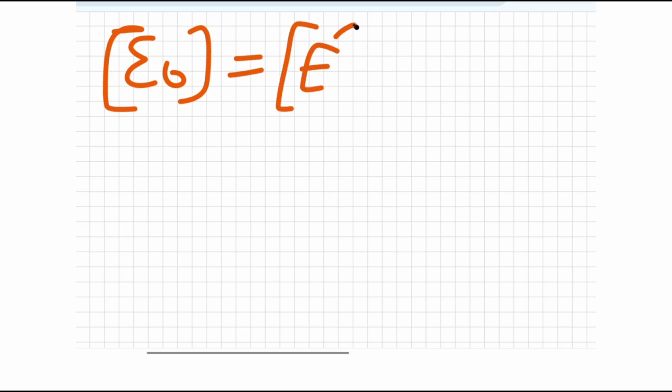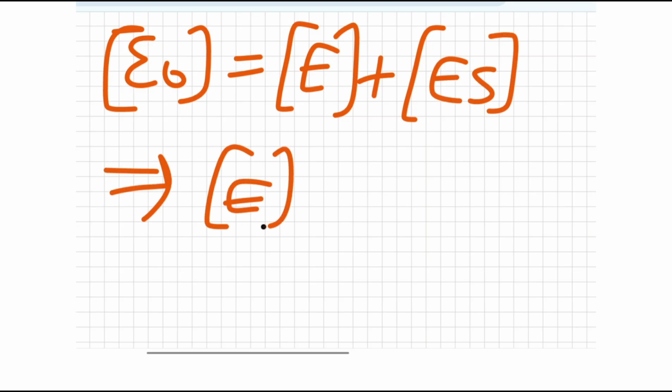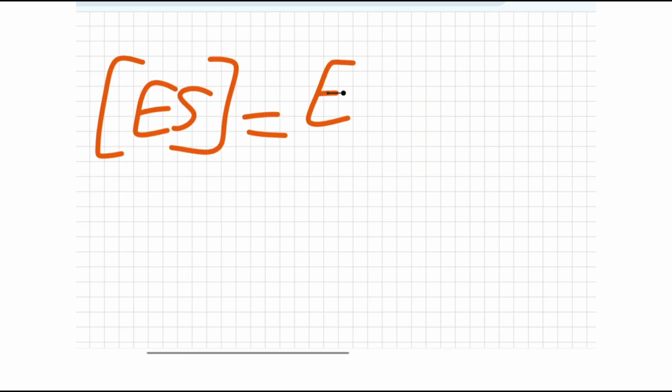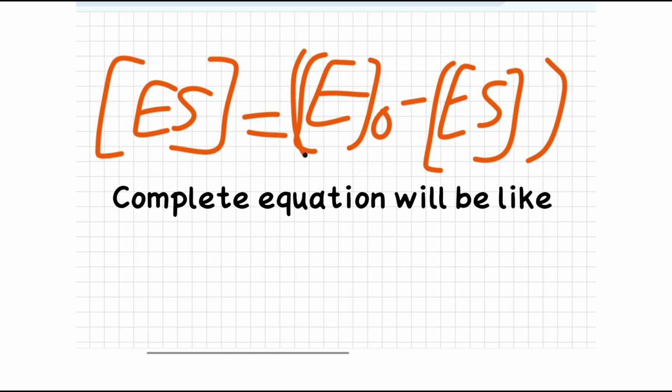Now let's see the expression in terms of the total enzyme concentration. Let E0 be the total enzyme concentration, which equals enzyme plus enzyme-substrate complex, and which further gives enzyme equals E0 minus the enzyme-substrate complex.